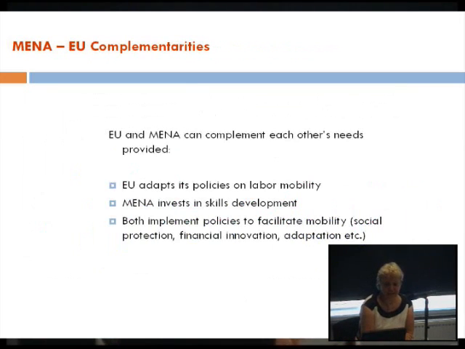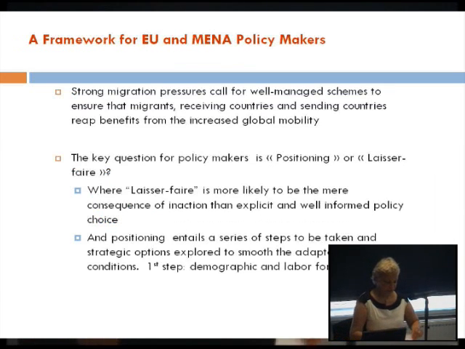So there are some complementarities, and the EU and MENA can complement each other, if the EU adapts its policies on labor mobility, MENA invests in skills development, and both, and we'll come back to this later, implement policies to facilitate mobility, that is social protection, financial innovation, education, social and cultural adaptation, education and training, etc. So from this situation, we try to derive a framework that would be useful for policymakers for both sending and receiving countries.